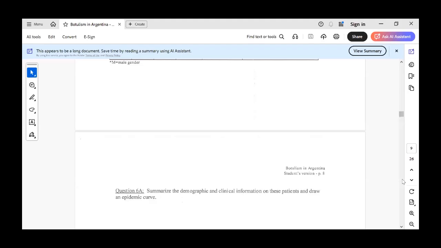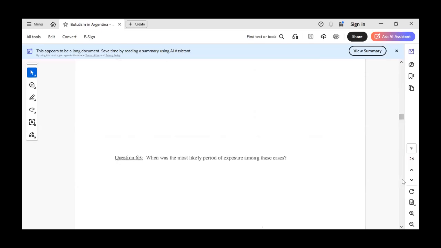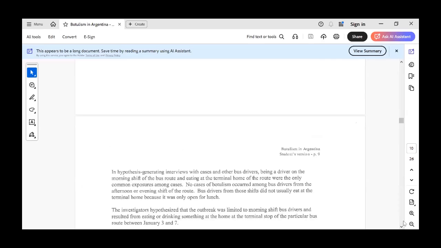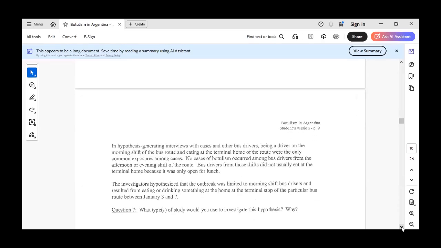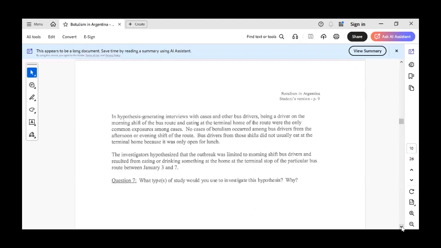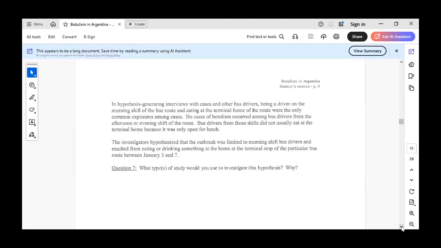So we summarized our information and drew our epidemic curve. We said that the most likely period of exposure, because we know the range for the incubation period, was somewhere between January 4th and 5th. So in hypothesis generating interviews with cases and other bus drivers, we said there were 58 bus drivers, we have to interview them.